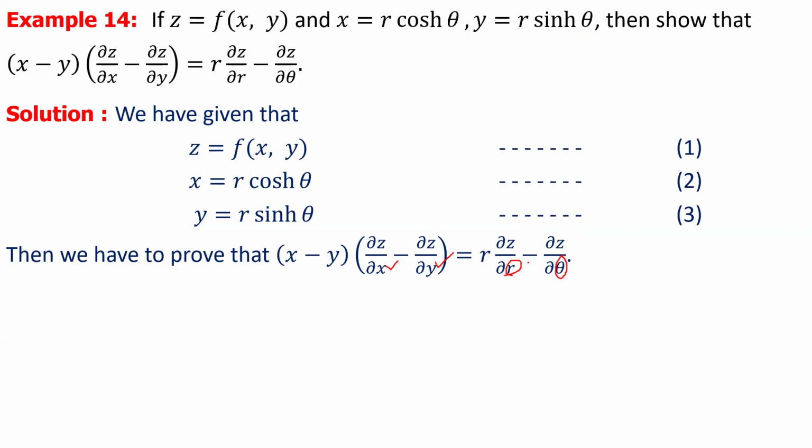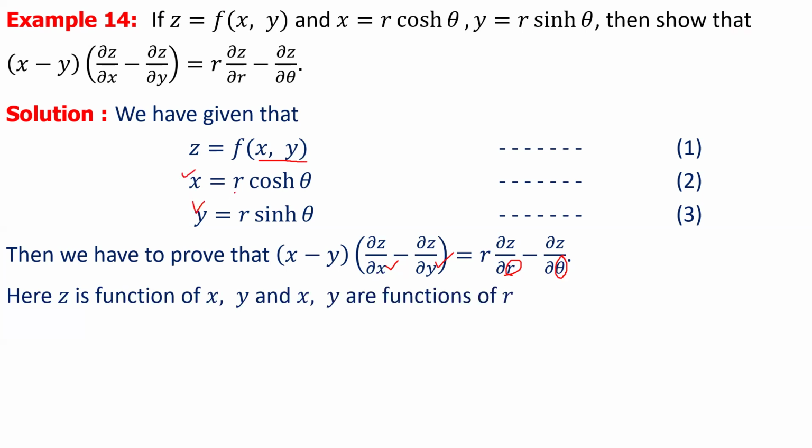If you want to change the independent variable, we use the composite function. Clearly here z is a function of x and y, and x and y are functions of r and theta. So z is a composite function of r and theta.